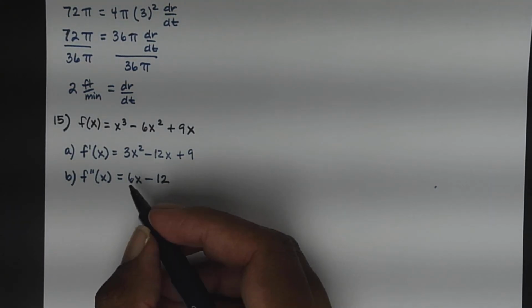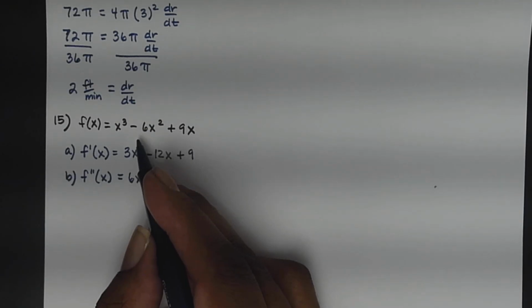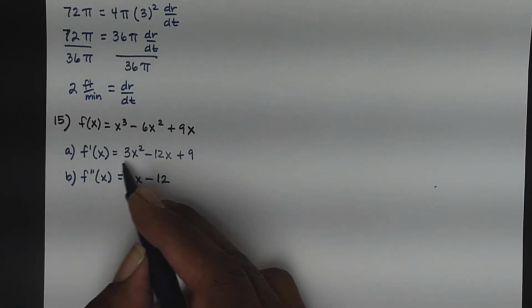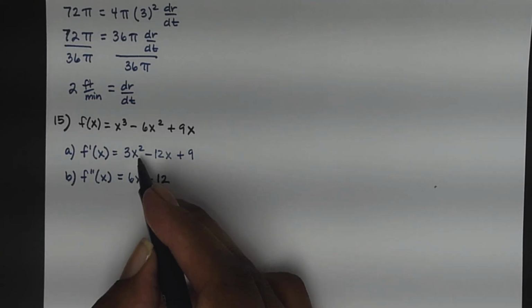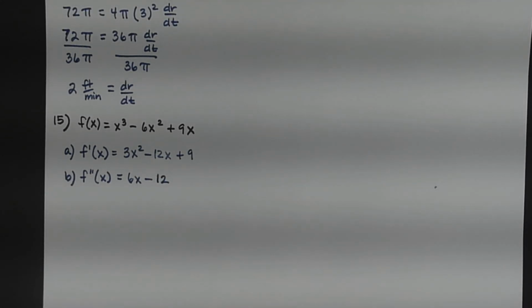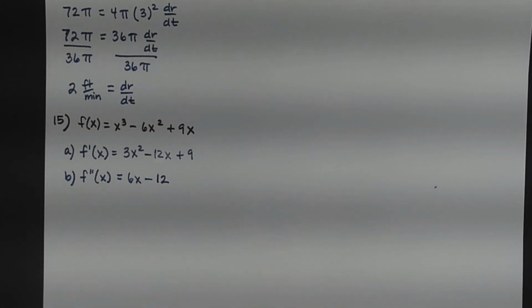Does everyone see what I'm doing here? This 3x squared, the derivative of minus 6x squared will be minus 12x, and then plus 9. That's your first derivative. The second derivative will be 6x minus 12. Okay, so that's part B.